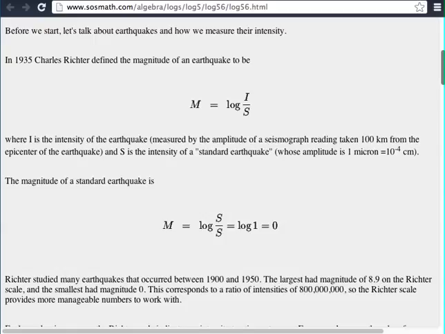Okay, so in 1935 it says Charles Richter defined the magnitude of an earthquake to be m equals logarithm of I over s, where I is the intensity and s is the intensity of a standard earthquake. Okay, so that's an example of where logarithms are used.